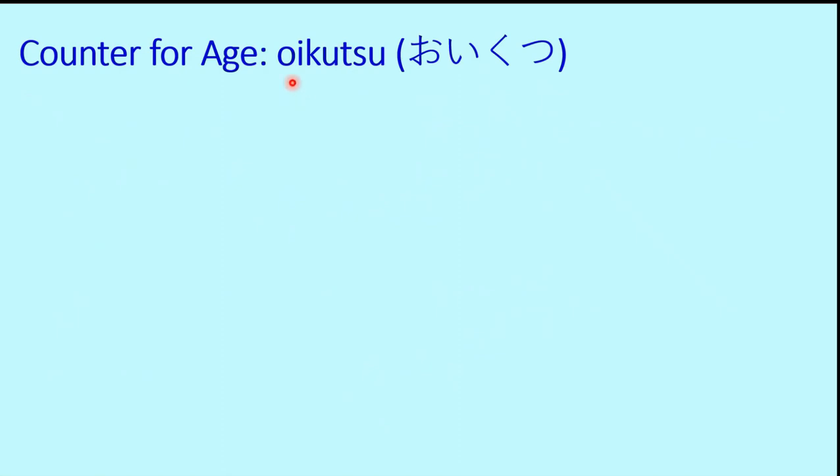So here it won't be oikutsu, it will be oikuts. And here also, this is the rule number 2, that if the sentence ends with u or e sound after an unvoiced consonant, then also it may get devoiced sometimes.